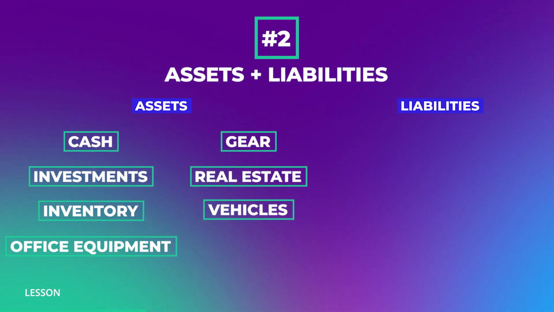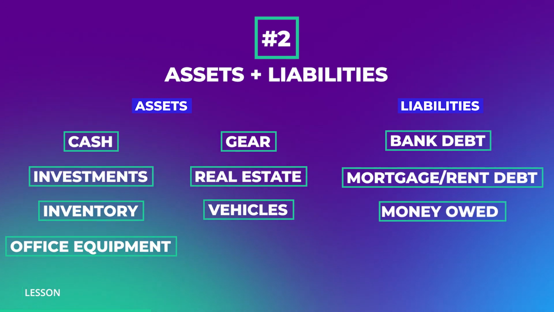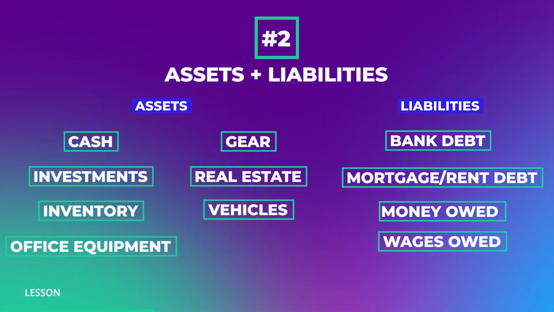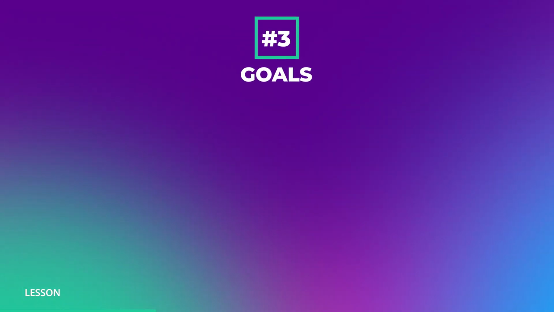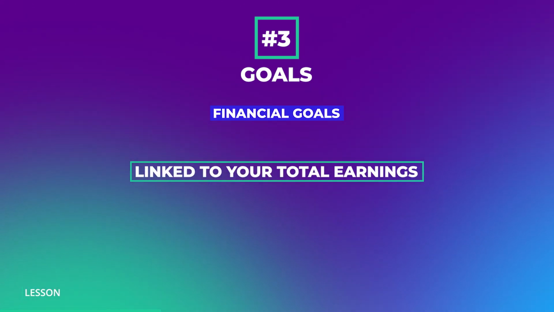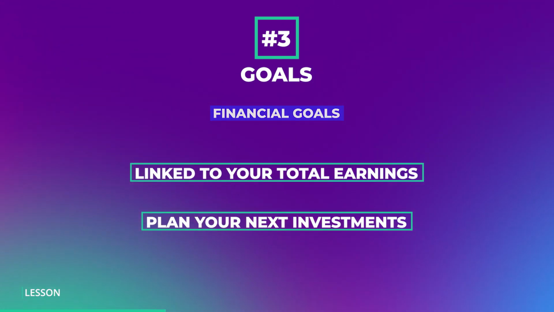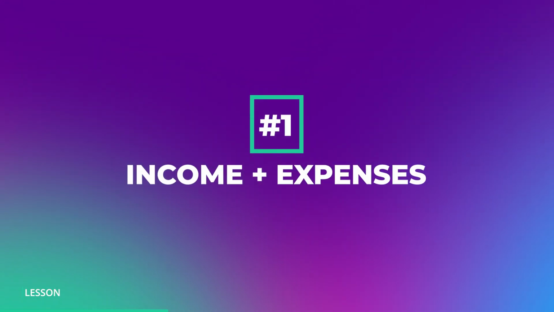Liabilities are places that you owe money, like bank debt, mortgage or rent, money owed to suppliers, wages and taxes. And lastly, goals. Your financial goals that you may have which tie seamlessly into your total earnings, so you can easily plan your personal and professional investments.